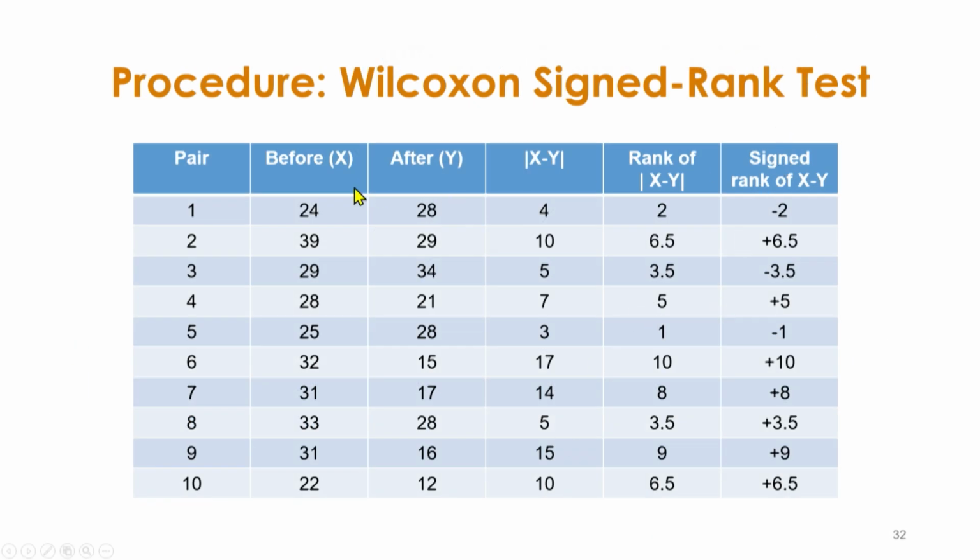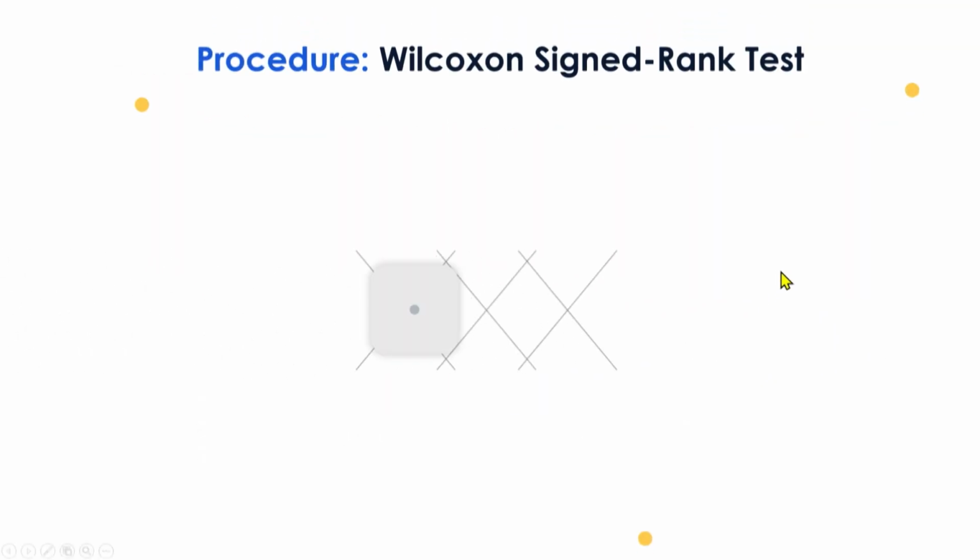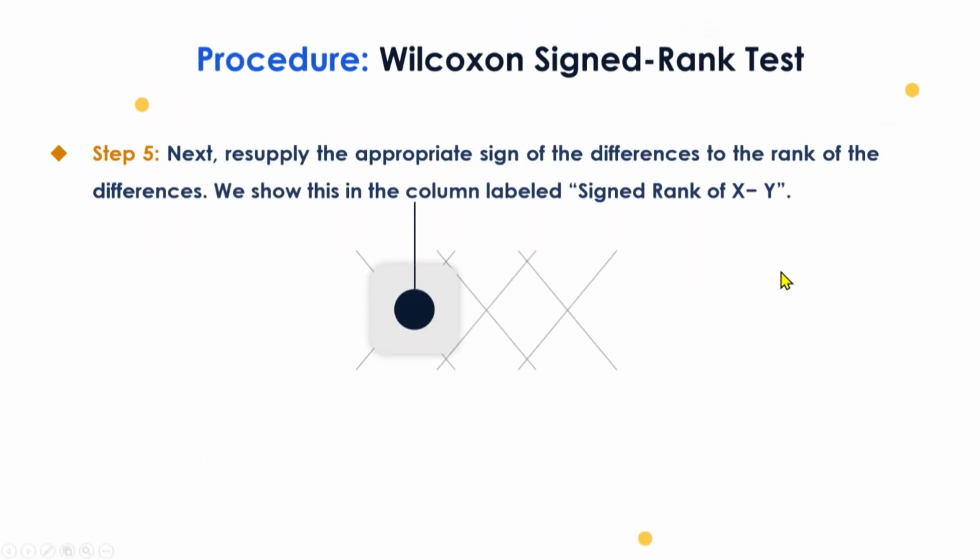We have already calculated before and after, the difference and the rank, and at last we give the sign, whether positive or negative. That is step 5: reapply the appropriate sign of the difference to the rank of the difference. We show this in the column labeled sign rank of x minus y.